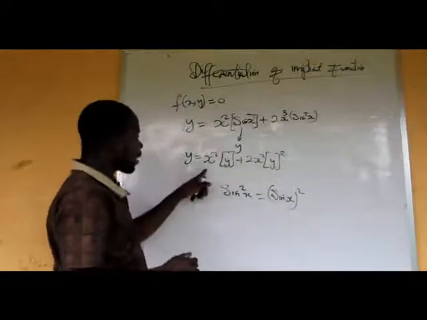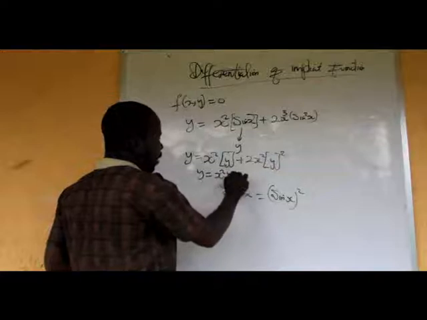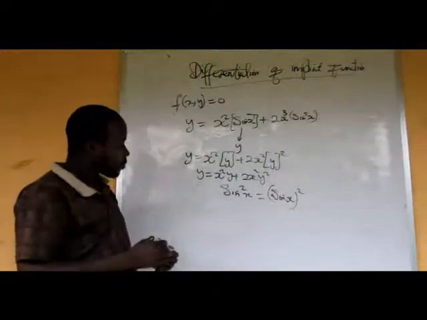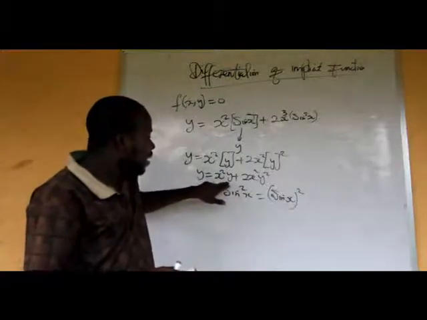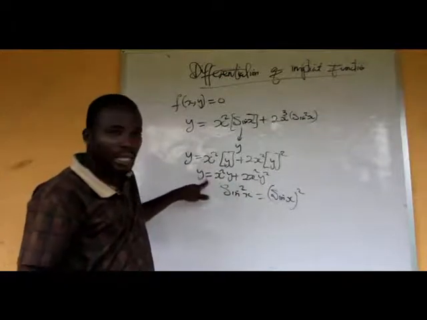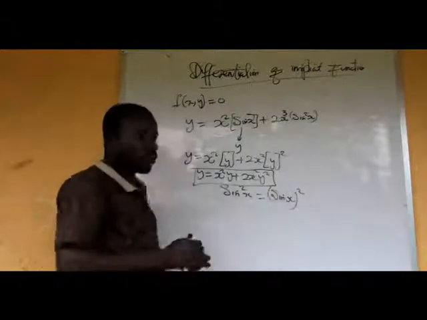So if we write it like this, this is going to be y equals x squared y plus 2x cubed y squared. And this y here actually is a function of x. It's another function defined in x. So this becomes an implicit function.